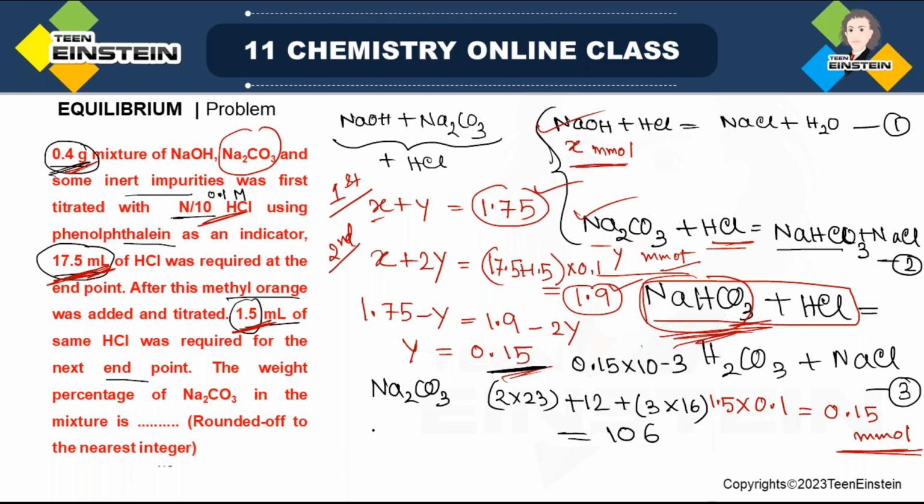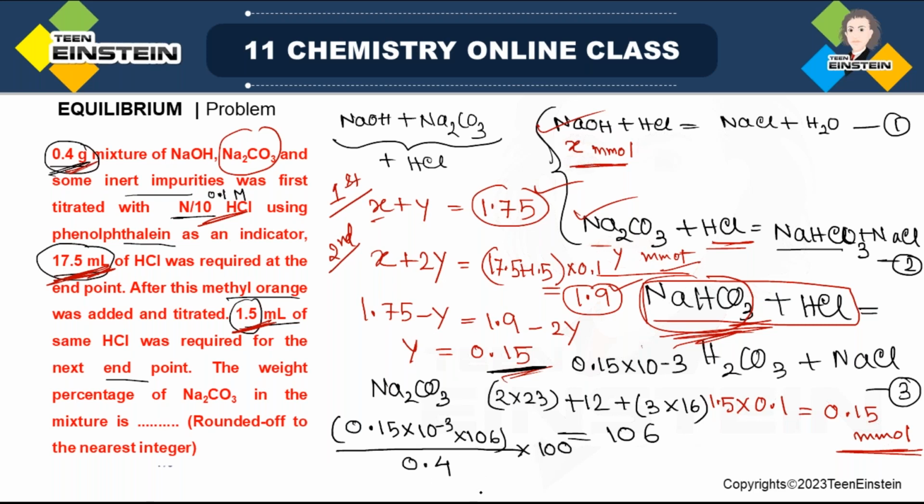Now mass percentage of Na2CO3, that will be number of moles multiplied by molar mass. So this is the total mass of Na2CO3 present in 0.4, so divided by 0.4 multiplied by 100.